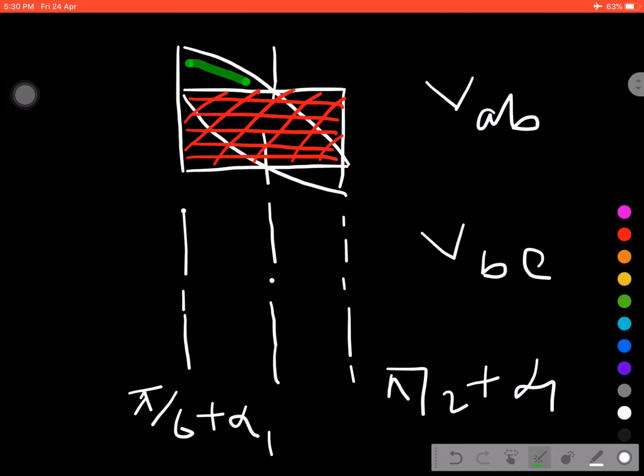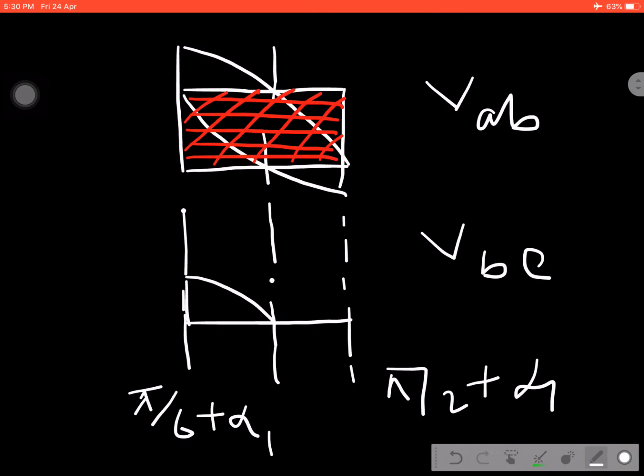So we can draw this part in this way, and similarly this part also. So it is very clear how it provides the instantaneous voltage waveform in this way.